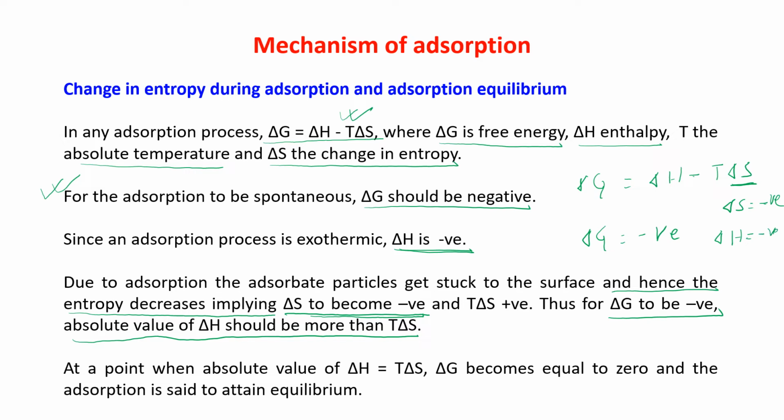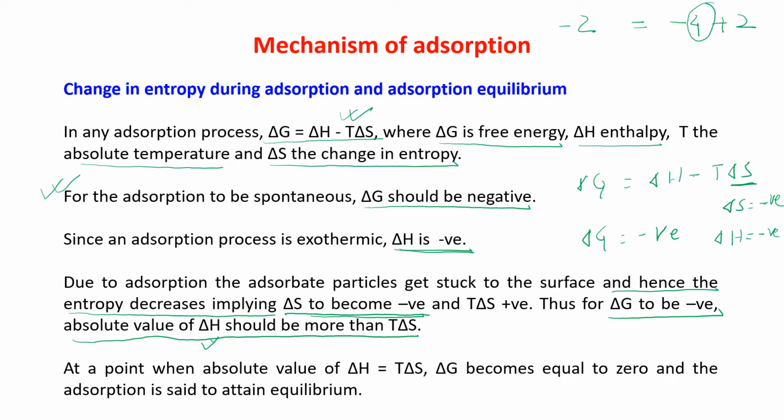So for the absolute value, I'm just giving you a very simple numerical value. Suppose I want minus 2. It should be equal to minus 4 plus 2, because I know that T delta S is positive. So the absolute value is 4. So the absolute value of delta H should be more than T delta S. I'm talking about absolute value, I'm not talking about the sign.